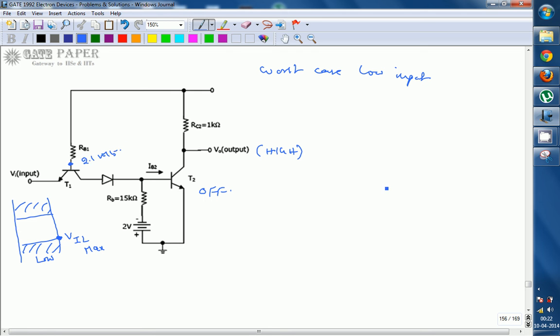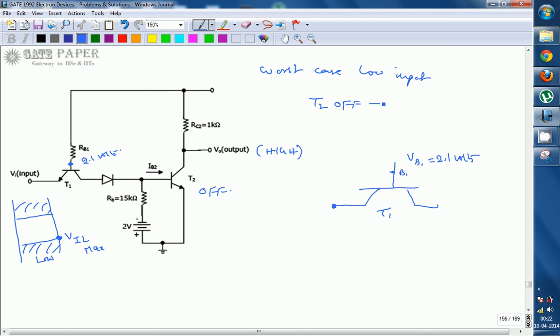So again we are going for the same situation with the T1 transistor, and this is base 1, whose voltage is 2.1 volts, so that transistor T2 comes into on condition. So T2 must be in the off condition.